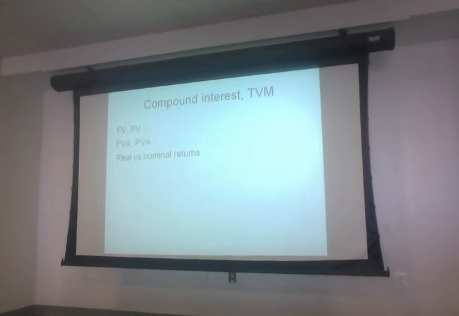All right? So you can see that the magic of compound growth works in our favor when we are earning rates of return, but it works against us when we're talking about rates of inflation. Because remember, inflation rates are also compounded. You lose 3% of the value today, and you lose another 3% of the previous value again, right? So there's also a multiplicative compound growth in the prices of things.